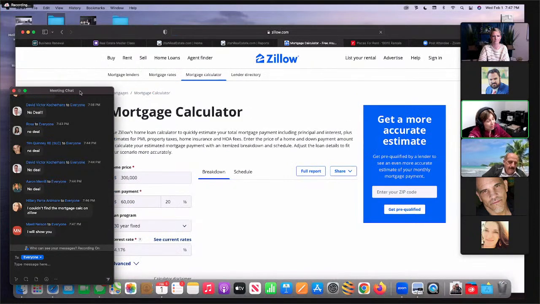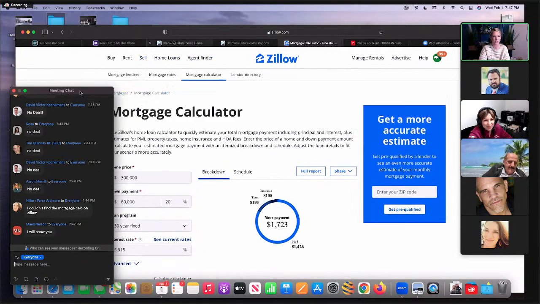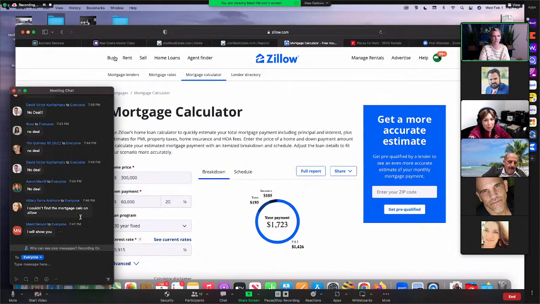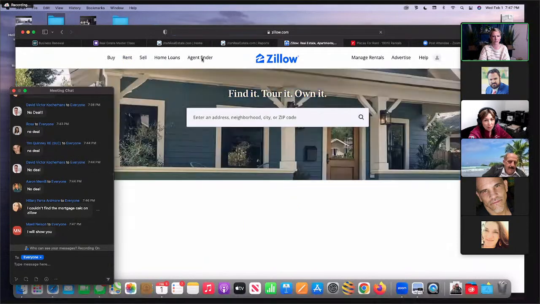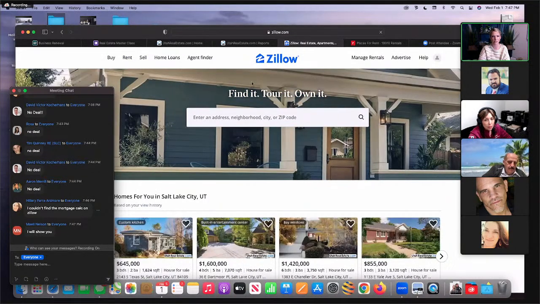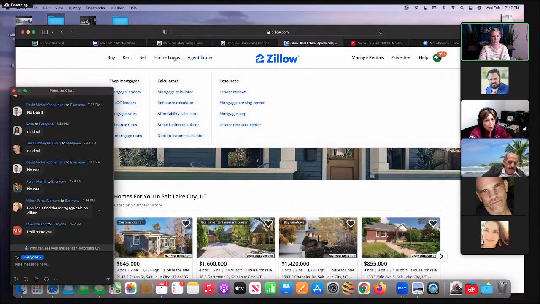Yep. Okay. So this is where you find the mortgage calculator. I have a couple people in the chat asking where we can find the Zillow calculator. If you're on the normal home screen of Zillow, you just go to home loans, and then mortgage calculator.